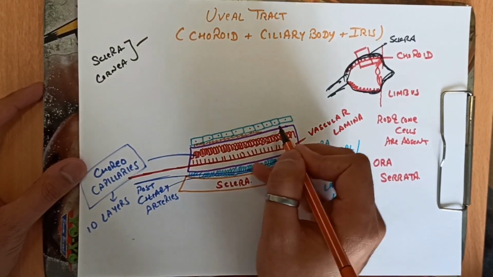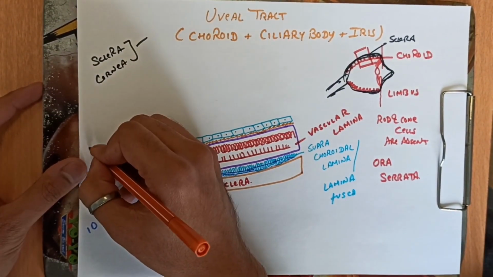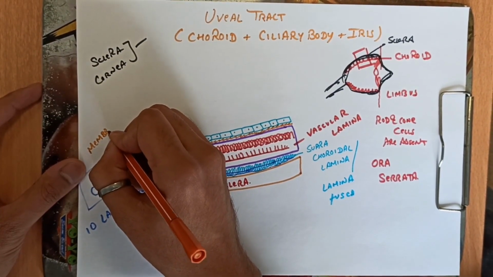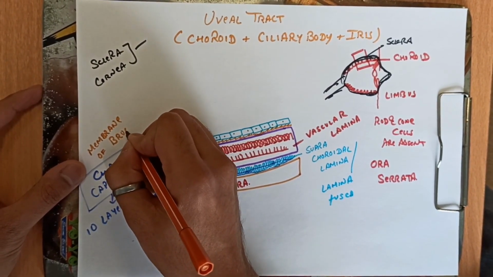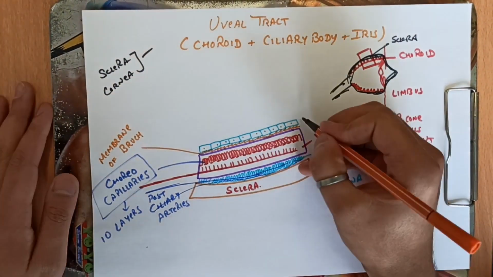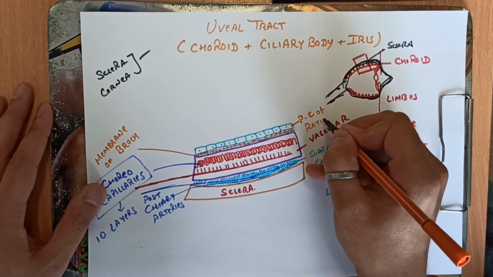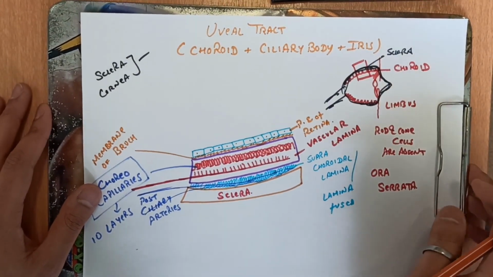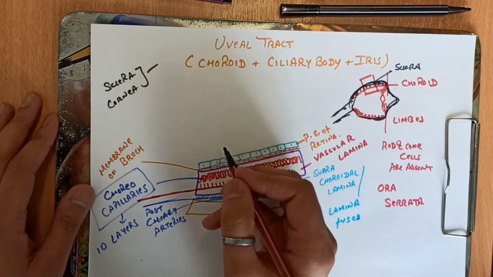This layer is called the membrane of Bruch, or Bruch, depending on your pronunciation. This is the pigmented epithelium of the retina. Now, after the pigmented epithelium of the retina, here are the rod and cone cells.